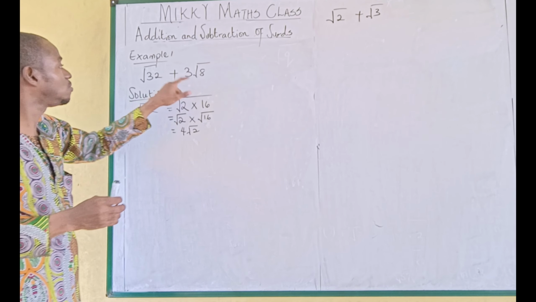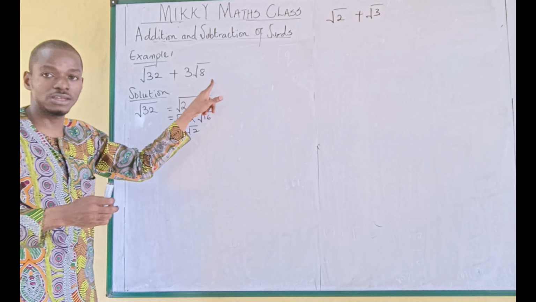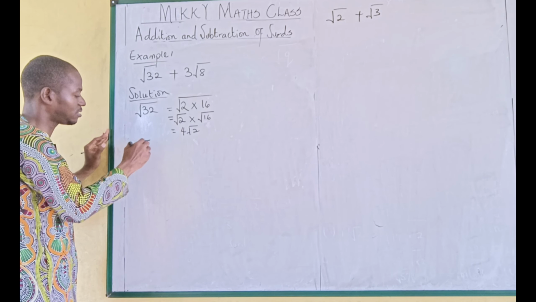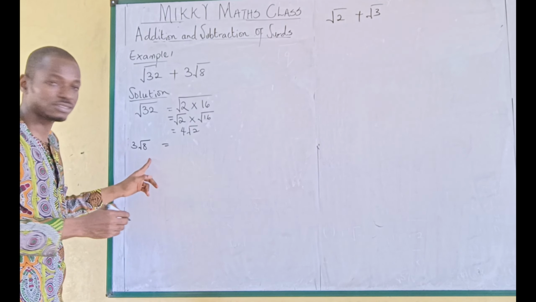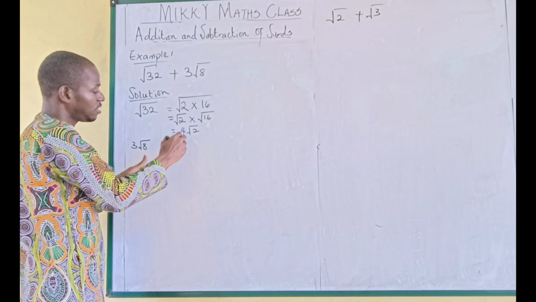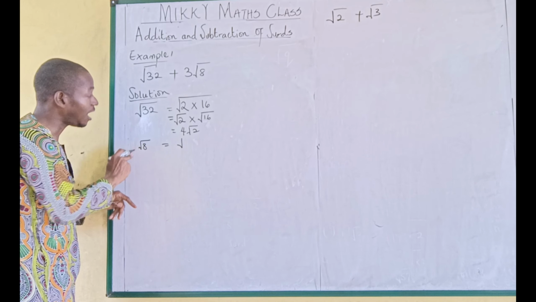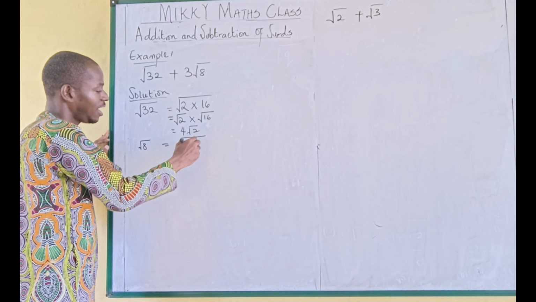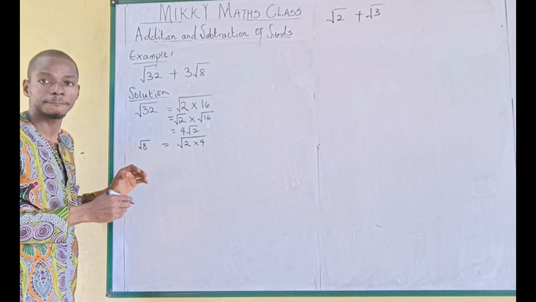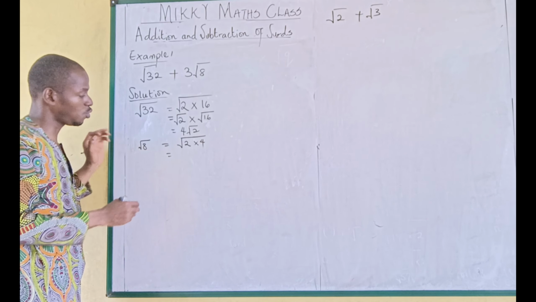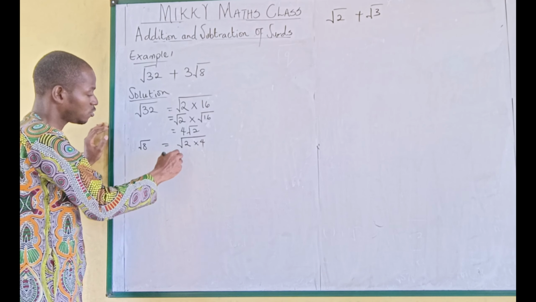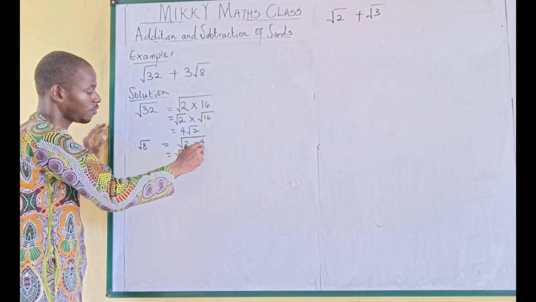The next one, I have my 3 root 8. Let's break down root 8. Root 8 is the same thing as root 2 times 4, which is root 2 times root 4.